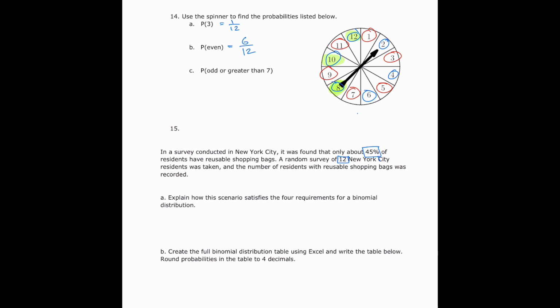So that is going to give me 9 out of 12. So I counted the red ones and then the highlighted green ones, so I'm not going to double count. So 1, 2, 3, 4, 5, 6, 7, 8, 9 total numbers that satisfy that category.